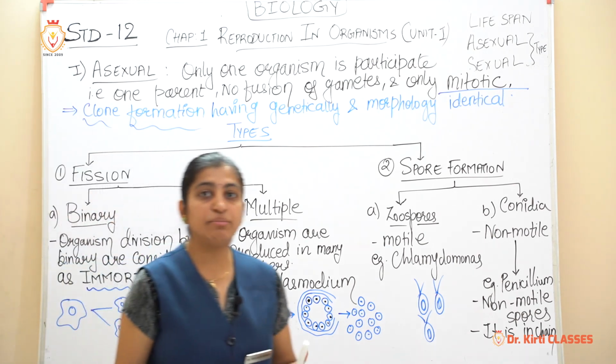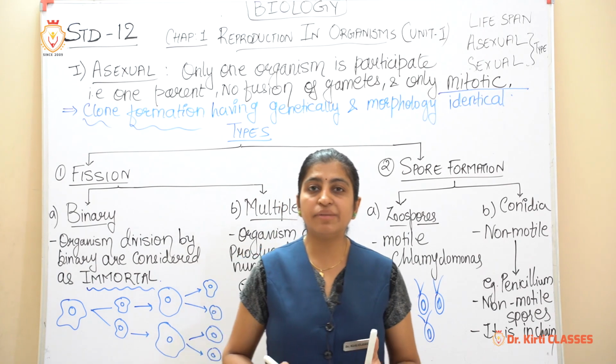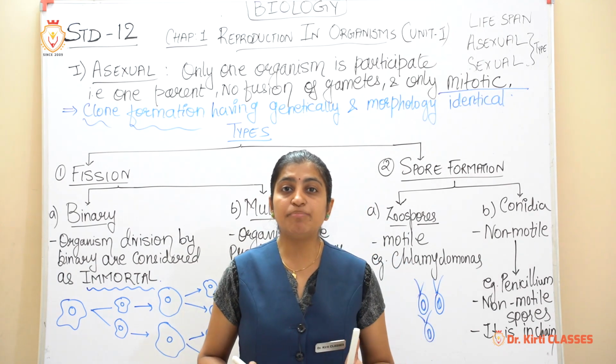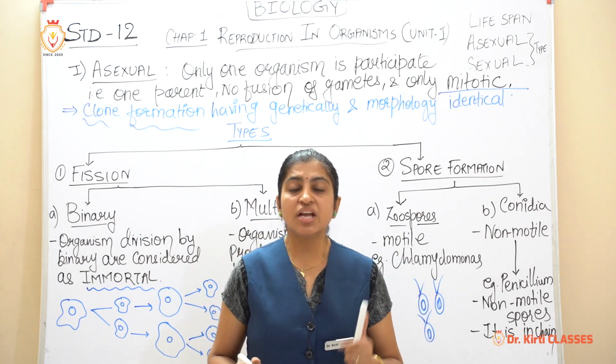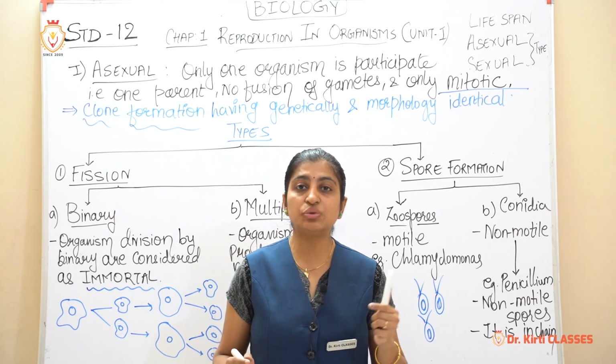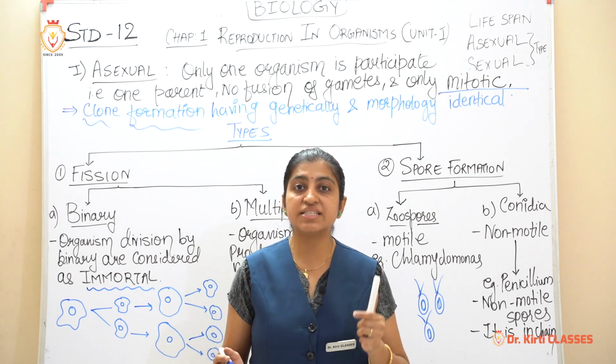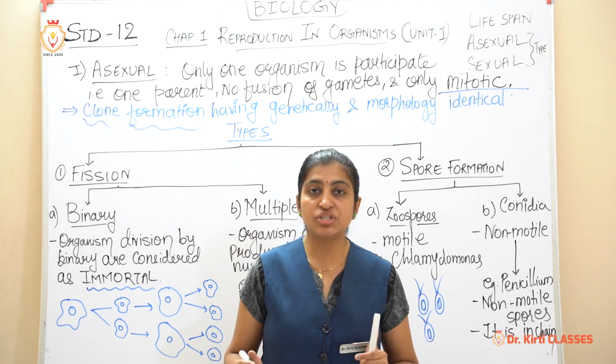Clone formation means, in mitosis, if you remember standard 11 chapter number 10, we have seen this type of cell division, mitosis. According to the definition of mitosis, the cell divides into two cells which are genetically identical to the mother cell.